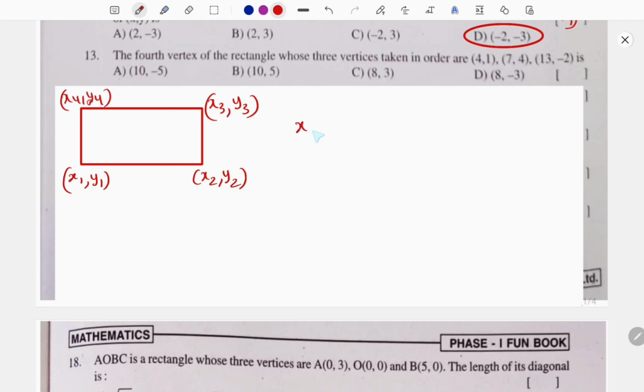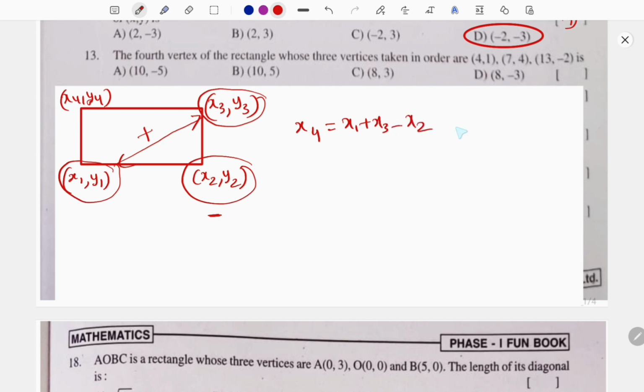By using the formula. x4 is equal to, suppose we know the opposite vertices, so we add the x coordinates of these two first, and then do the subtraction, that is x1 + x3 - x2. Similarly, y4 is equal to y1 + y3 - y2.